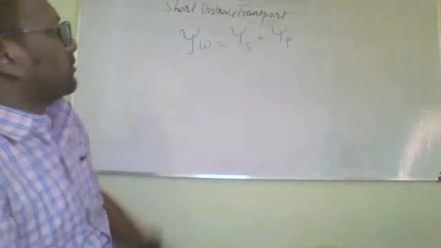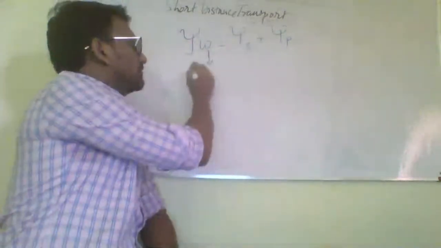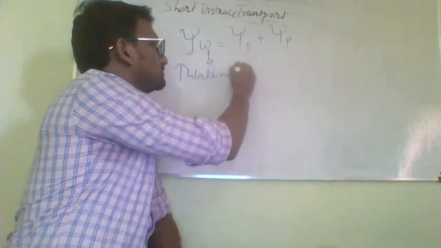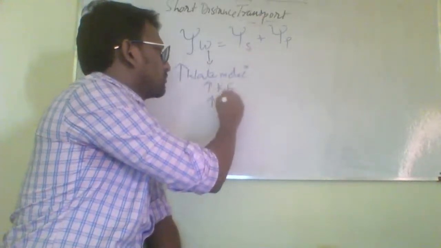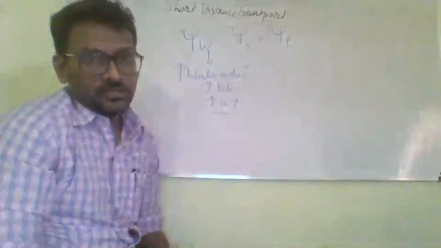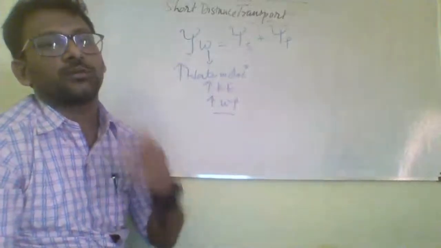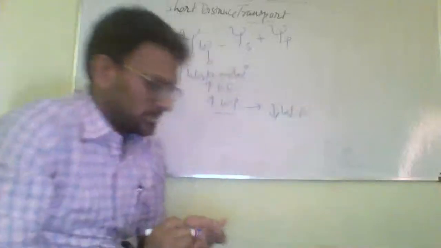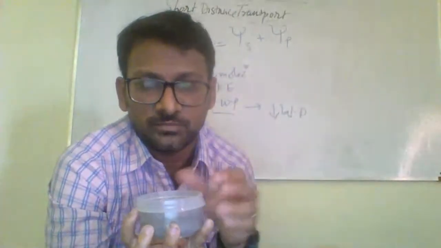So I'm trying to explain this water potential. Water potential is where, when you have more water molecules, it has more kinetic energy, so it has more water potential. Once the water has more water potential, the water always tends to move from higher water potential to lower water potential regions. One such example is this: the seeds have less water potential.